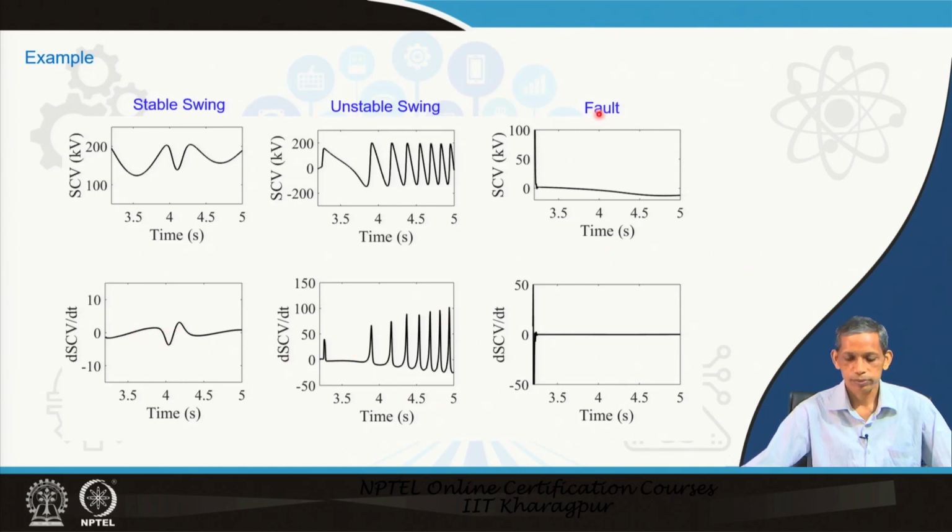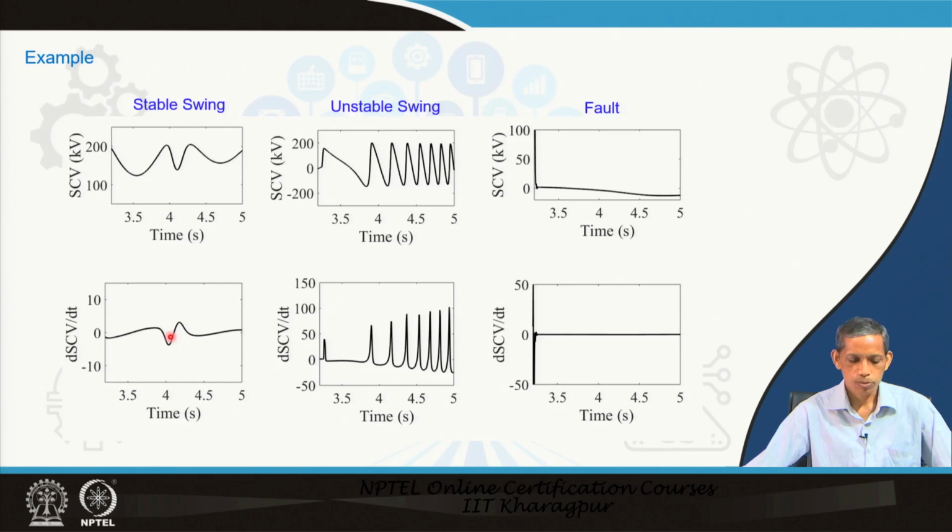Now, during a fault, the swing center voltage is a small value and the derivative is almost constant, almost negligible. So, if the swing center voltage is negligible and small, it means a fault. If the derivative of the swing center voltage is significant and the swing center voltage oscillates to 0, then this is unstable.